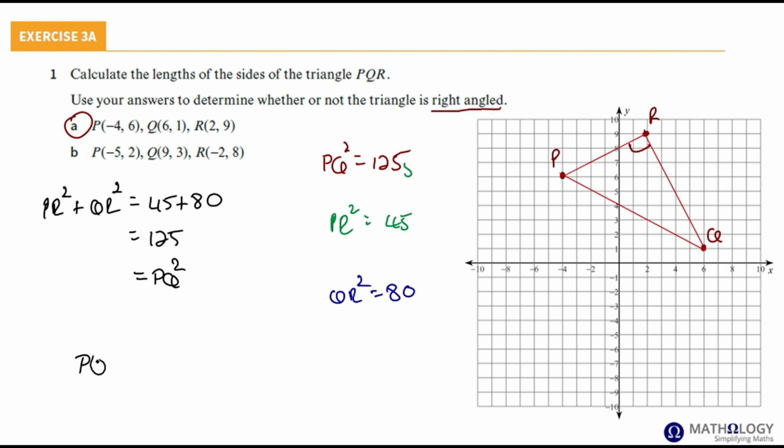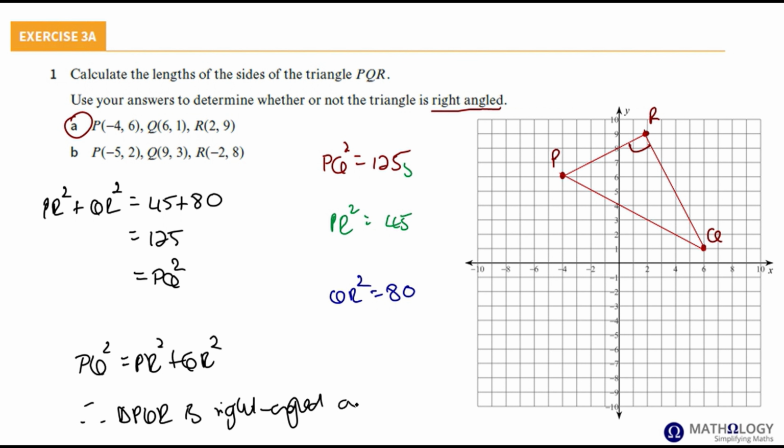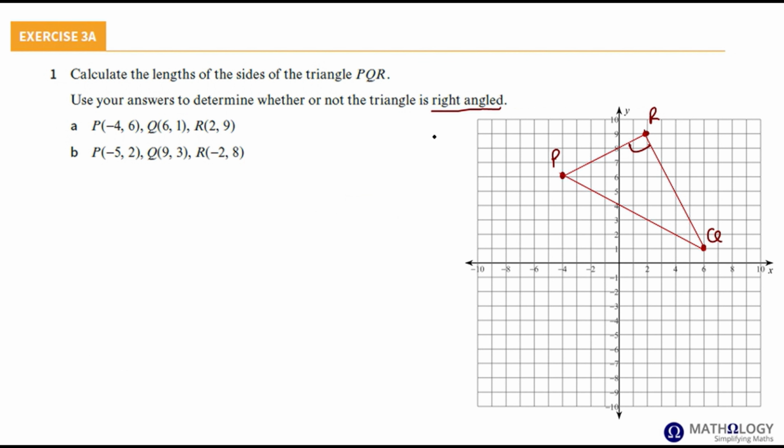So because PQ squared equals PR squared plus QR squared, therefore triangle PQR is right angled at R.